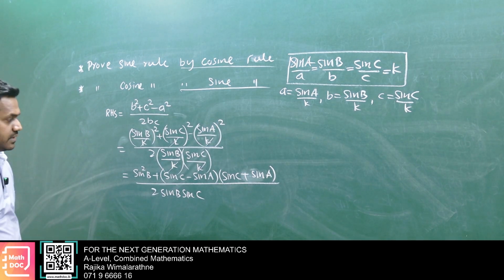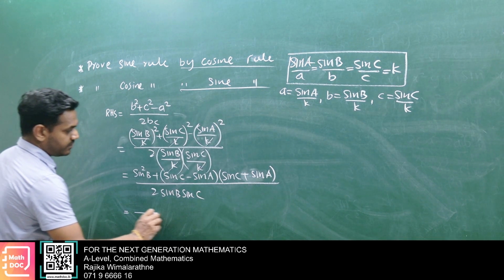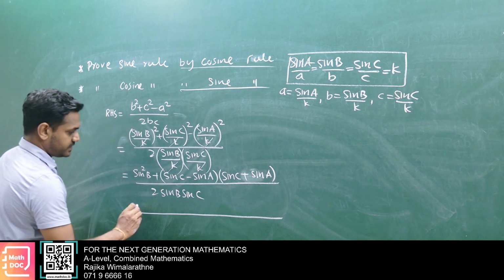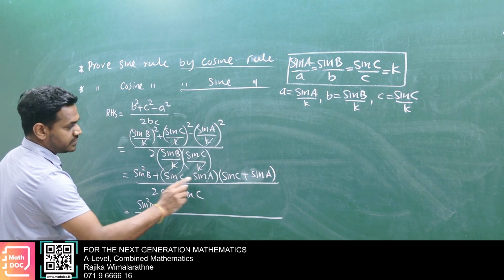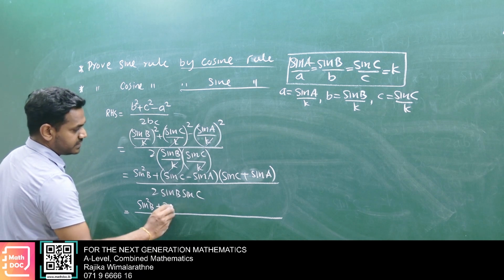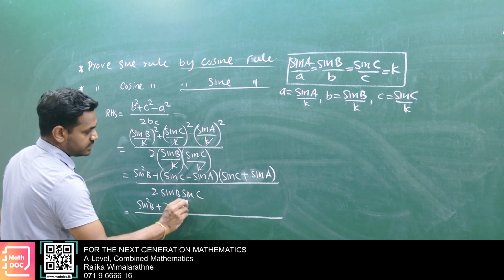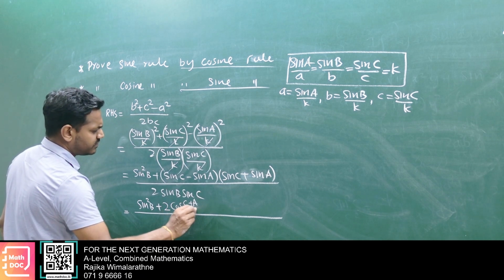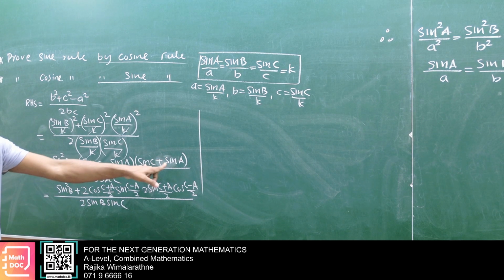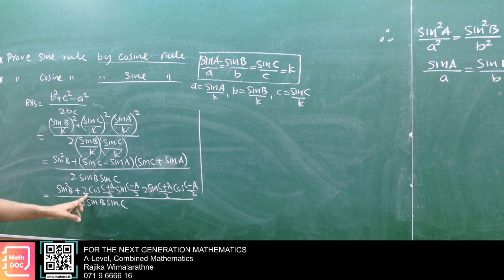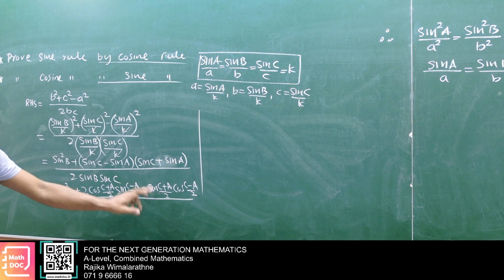Okay. Then further you write sin² B. Use C-D formulas: sin C minus sin A is 2 cos((C + A)/2) sin((C − A)/2), and sin C plus sin A is 2 sin((C + A)/2) cos((C − A)/2).